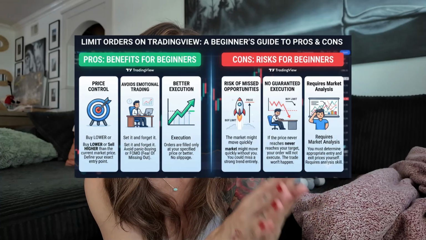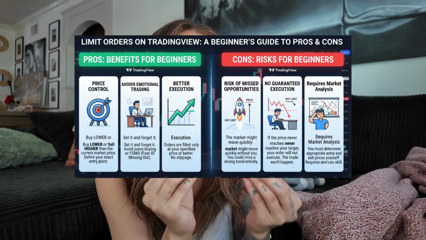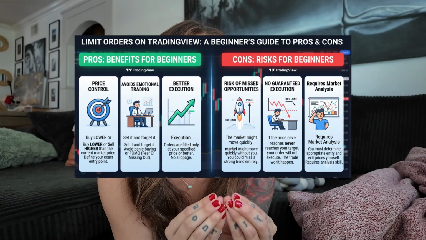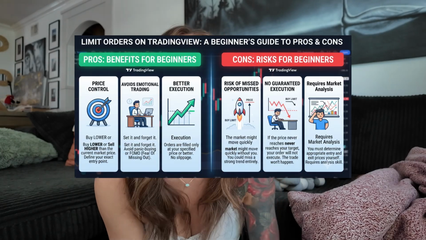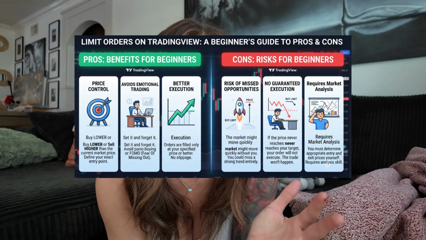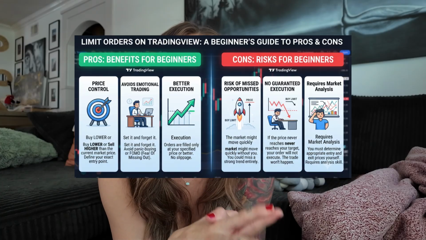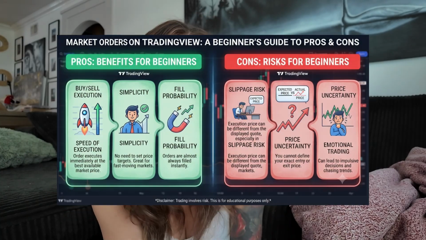So that results in a couple of different things for beginner traders. There are some good things to this and some bad things. A good thing would be if you are someone that is scalping and you need to get in at a very specific level. Limit orders are your best friends, because you don't want to have what's called slippage. Slippage occurs when you're not utilizing the limit order, and that's where the market order comes into play.